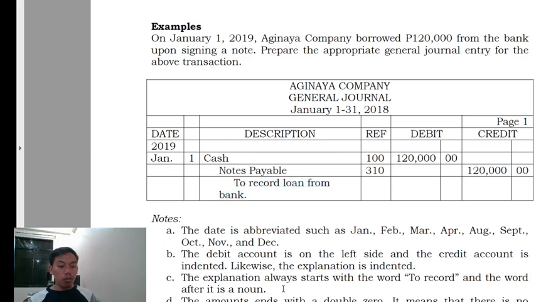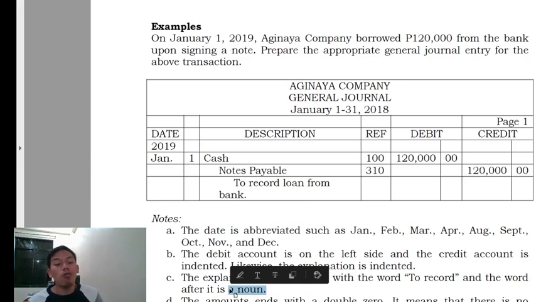And the explanation always starts with the words to record. Ano yung rine-record mo kasi? So you start with the term to record. And the word after it is a noun. So what are nouns? Name of animals, name of dogs or whatever.